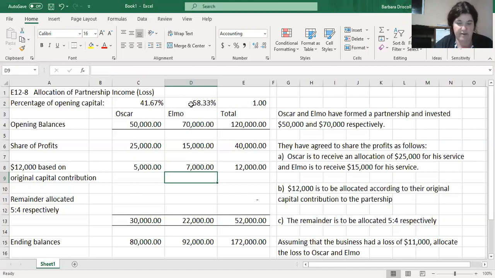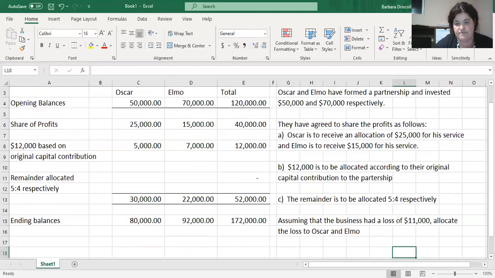The third parameter around allocation is the remainder is to be allocated 5 to 4 respectively. So for each 5 parts of income that Oscar gets, Elmo receives 4. So we're going to use a factor of 9 to allocate the remaining. What is the remaining? It says here that we have a loss of $11,000, but we've allocated $40,000 and $12,000.